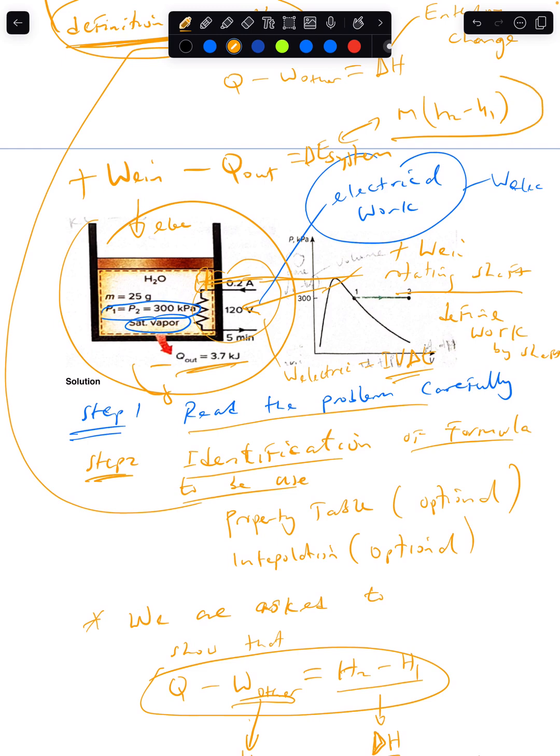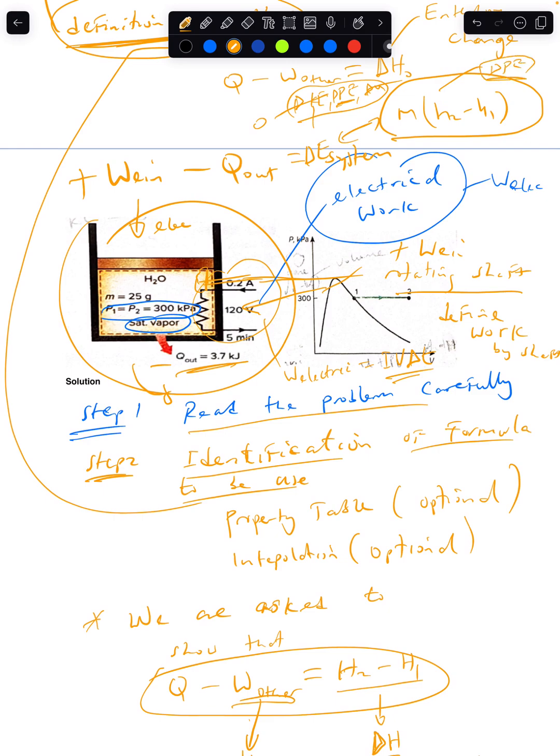So that is the change of energy with respect to enthalpy, because this change of energy can be kinetic energy change, potential energy change, and change of internal energy. But for constant pressure, this is 0, this is 0, but this is equal to the change of potential energy.